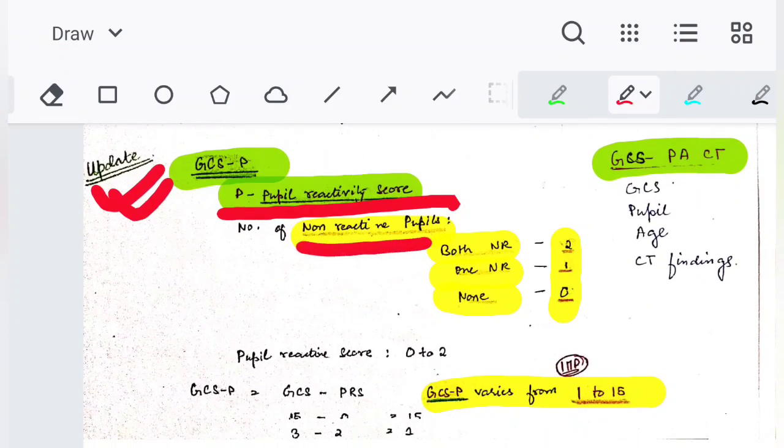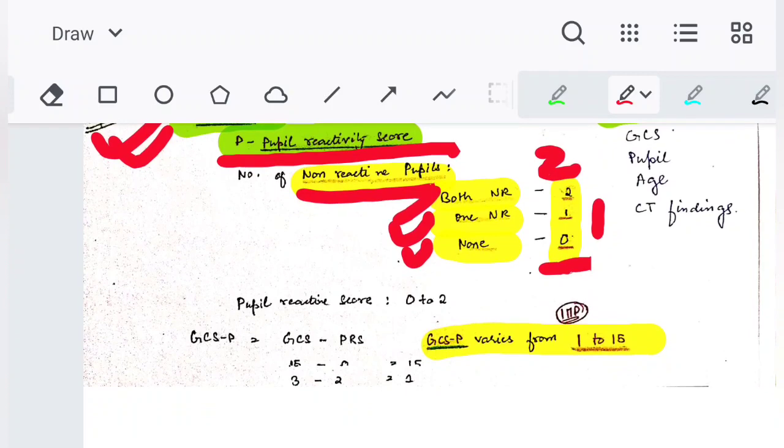Now if both the pupils are non-reactive, the score is given 2. If one is non-reactive, the score is given 1. If none is non-reactive, then the score is 0. In GCSP, this P score you have to subtract from the total GCS score.